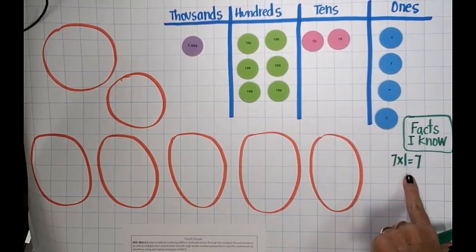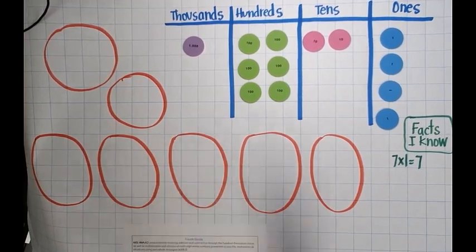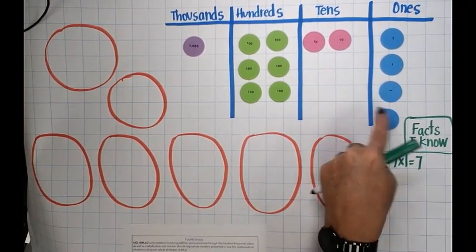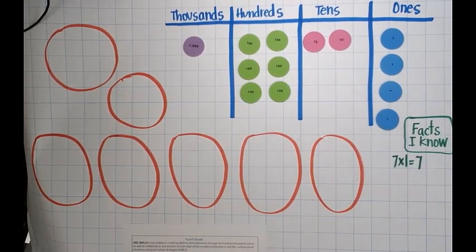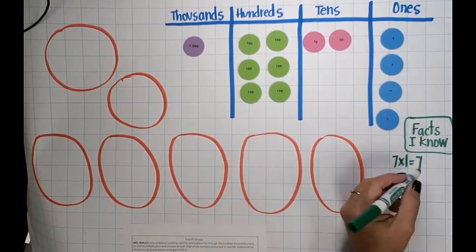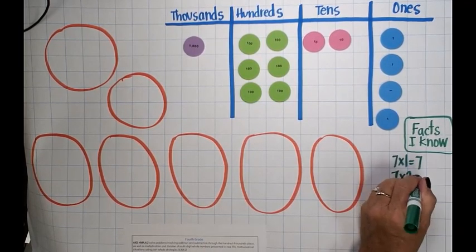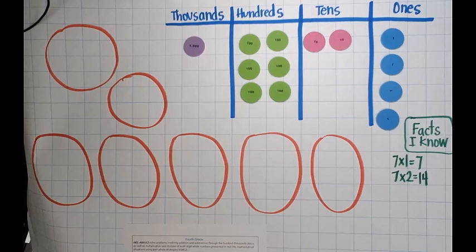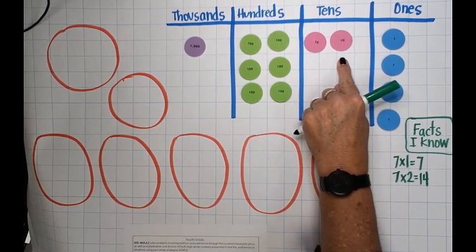So I could start there, putting ones into each circle, but that's not really efficient. Plus, I'm already going to have to do some regrouping because I only have 4 right here. Let's think about other things I know. I know that 7 times 2, or 7 doubled, is 14. That's useful information. I could decompose that 10 into 10 ones and distribute all the ones.